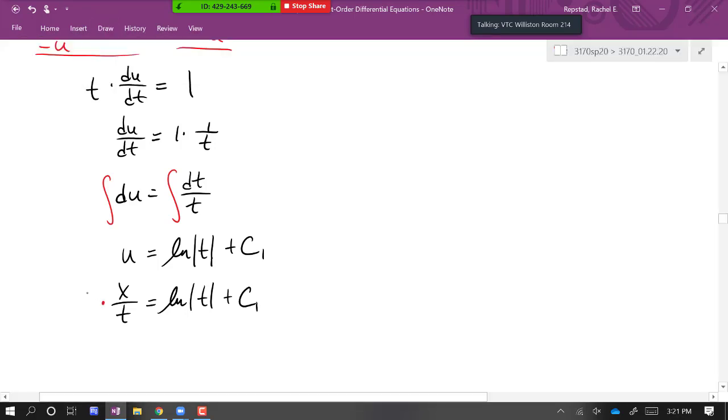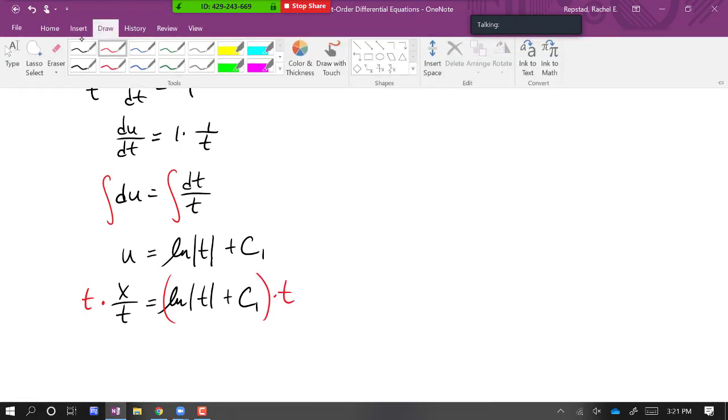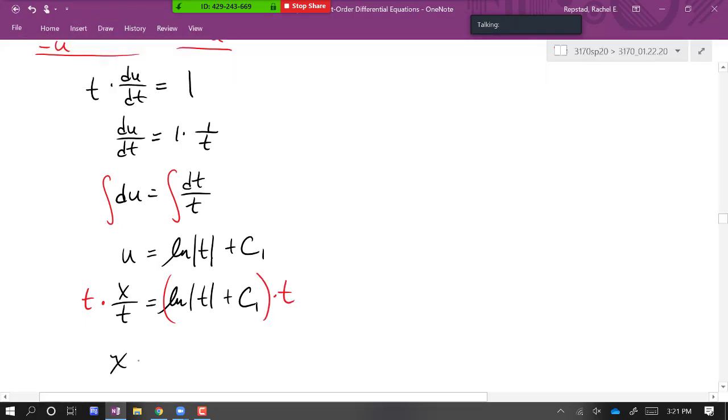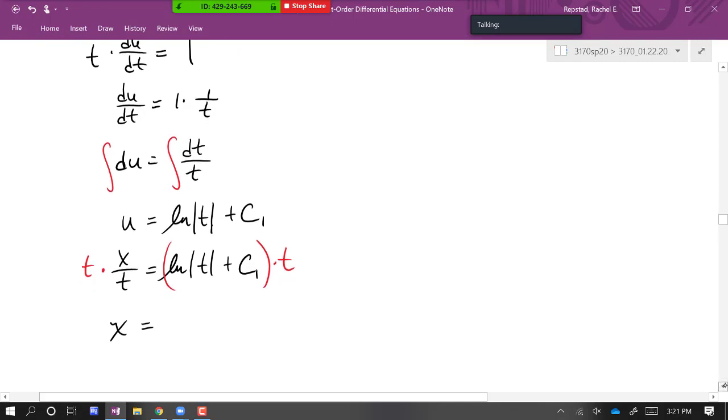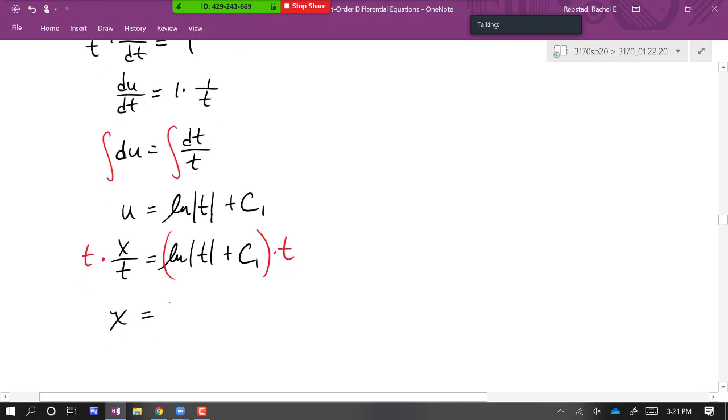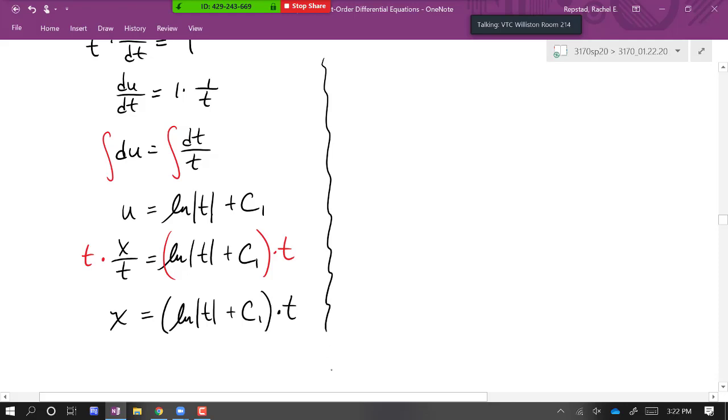We just need to multiply both sides by t. There's a general solution.